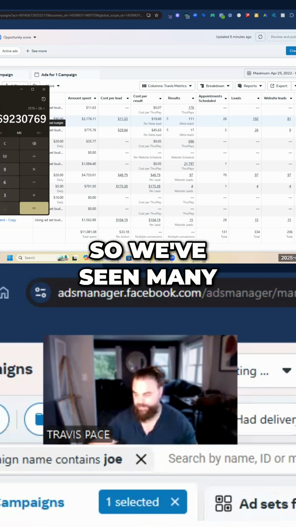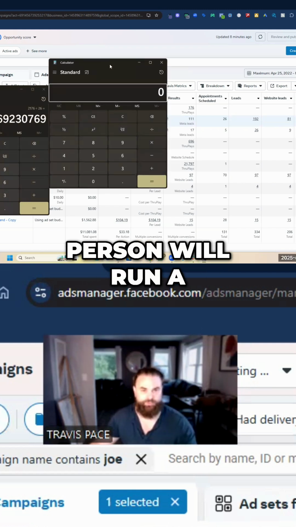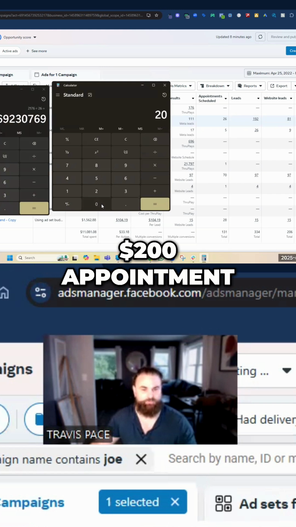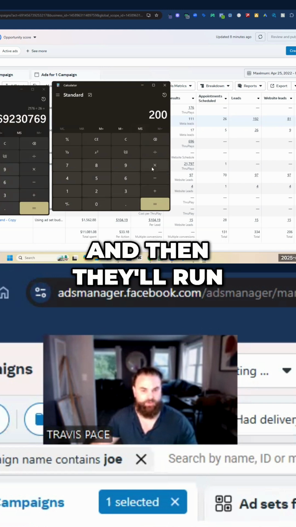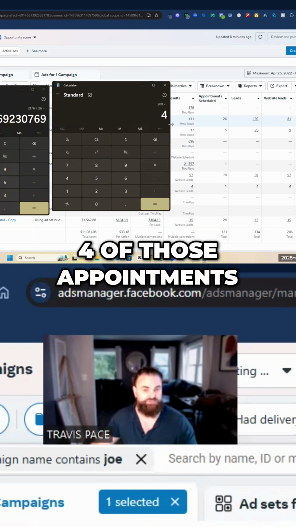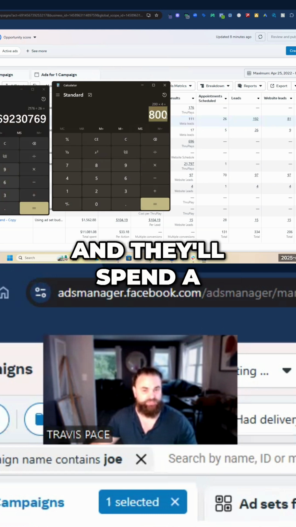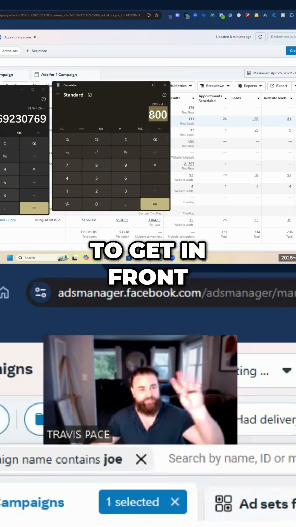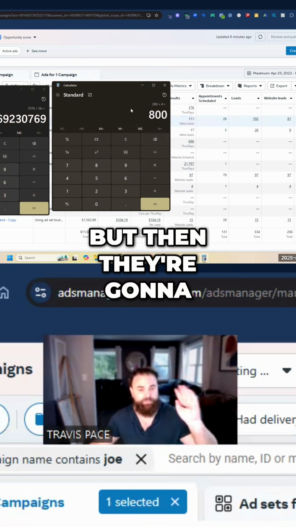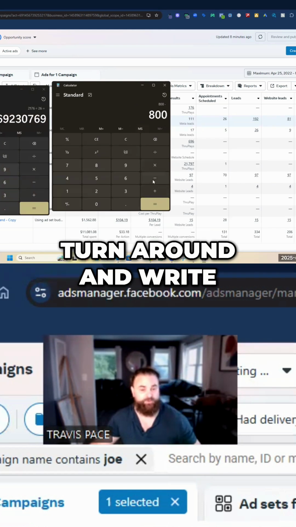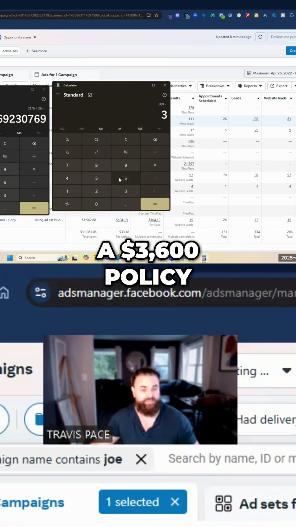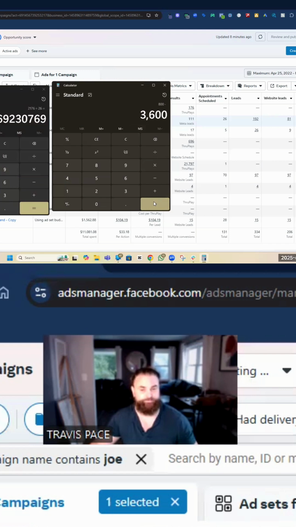So we've seen many a times where a person will run a $200 appointment and then they'll run 4 of those appointments and they'll spend a total of about $800 to get in front of 4 people. But then they're going to turn around and write a $3,600 policy.